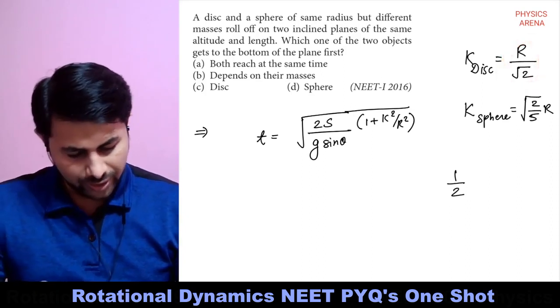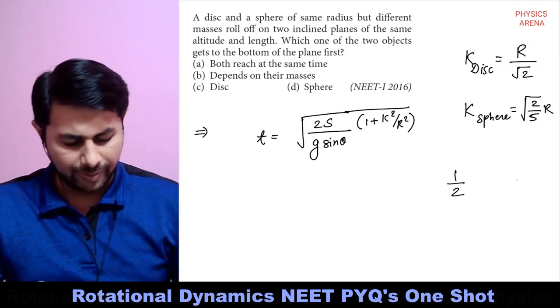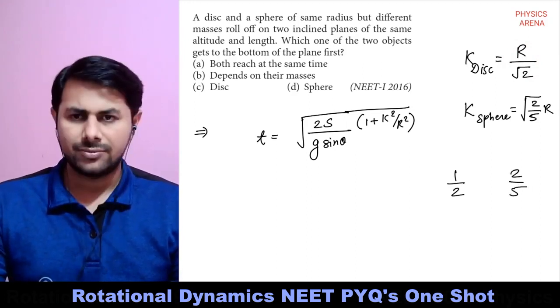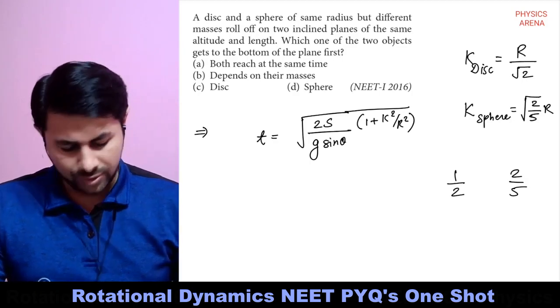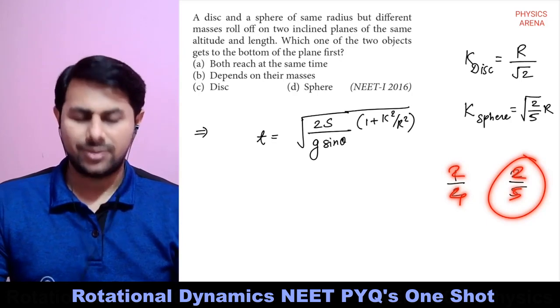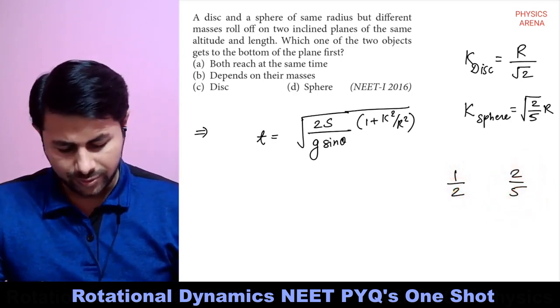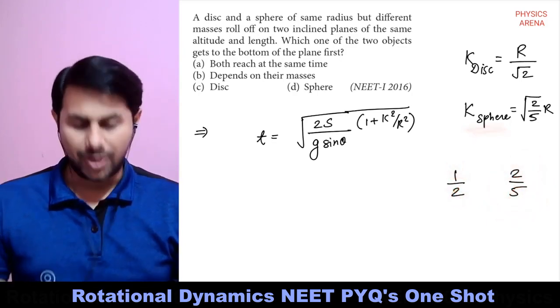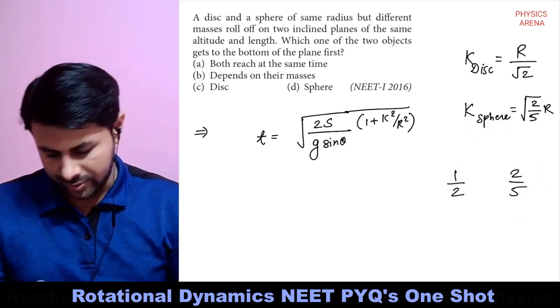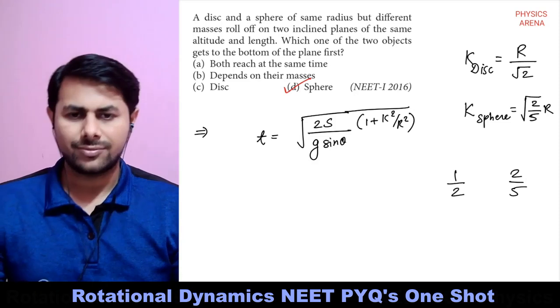Okay. And square of root 2 by 5 will be 2 by 5. So which one is more and which one is lesser? This one is 2 by 4. This one is 2 by 5. So this is smaller, right? So k for sphere is smaller. Okay. So it will reach earlier. Option D is the answer.